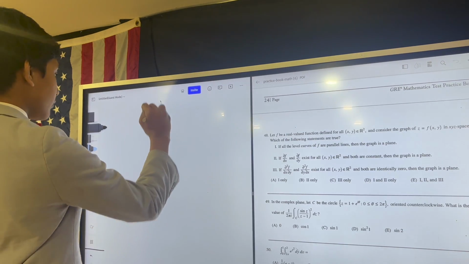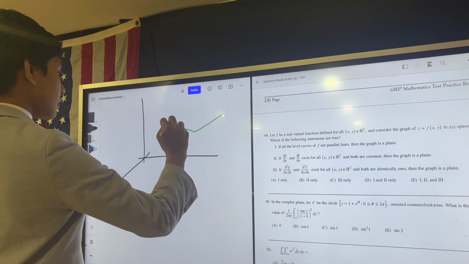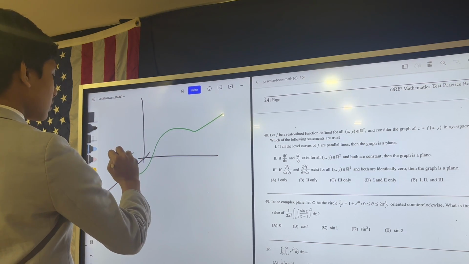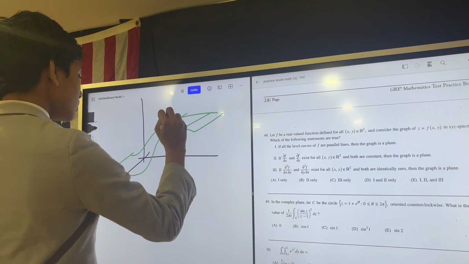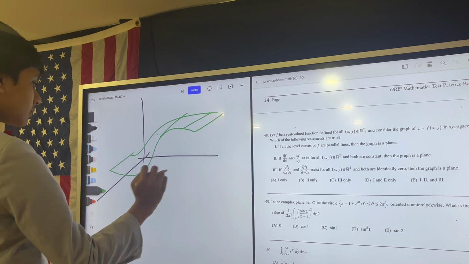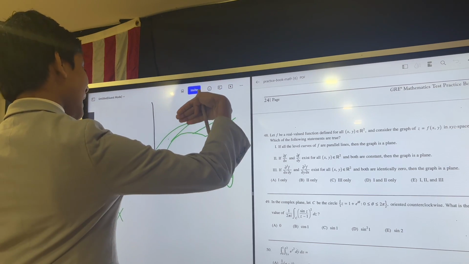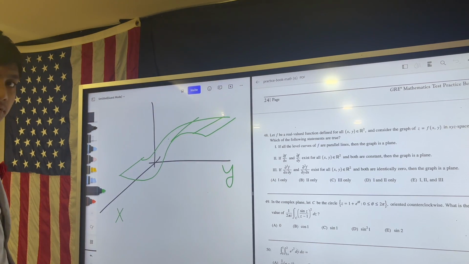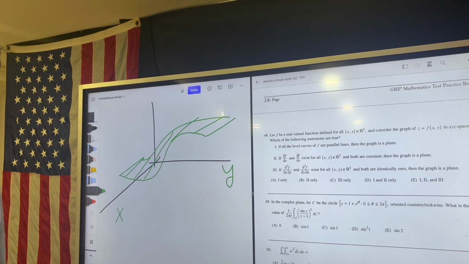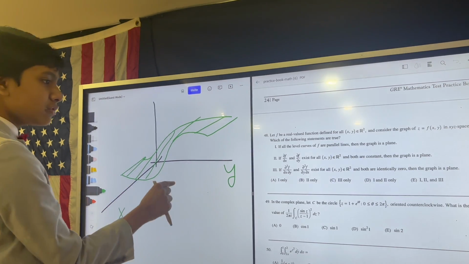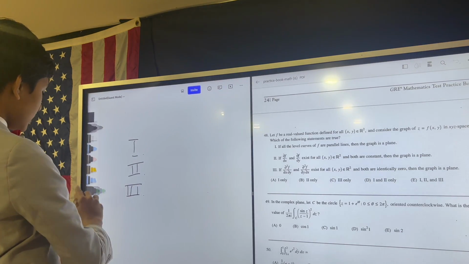For example, think about a function that might look like this. This is certainly not a plane, but it's only dependent on y. It's not dependent on x, as you can see. It's exactly the same if you only travel along the x direction. And all of these are parallel lines. All of the level curves are parallel. So that means that 1 is incorrect.